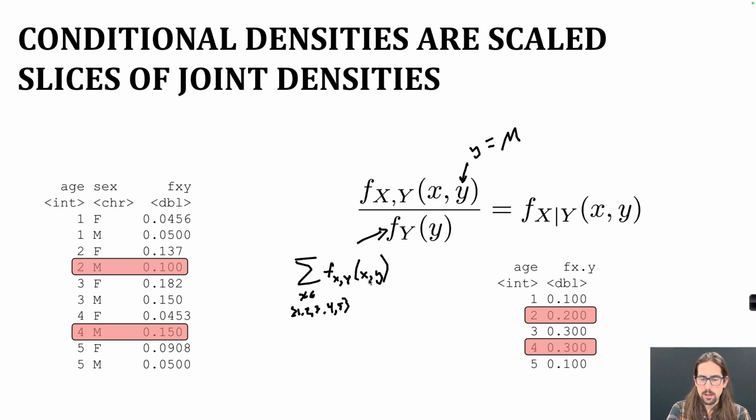I'm summing up the value of this joint density, and that's what I'm dividing by. That's the constant that I'm dividing by. The thing is that we actually just learned that this is exactly equal to the marginal density. This is the sum of the joint density across the entirety of a particular axis. So I'm summing out all the x, and I'm left with just the marginal density of y. And this is the definition of, or one way to define, the conditional density.